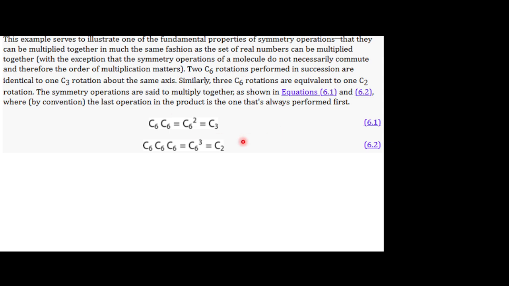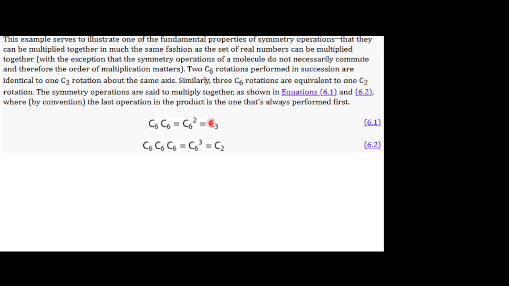So for example, if we take two C6 rotations performed in succession, let's go ahead and do that real quick. Everybody ready? Take your model, rotate it 60 degrees. That's 1, right? Rotate it 60 degrees again, 2. How many degrees did we rotate it? 120. And so that would be a C3 rotation, wouldn't it?